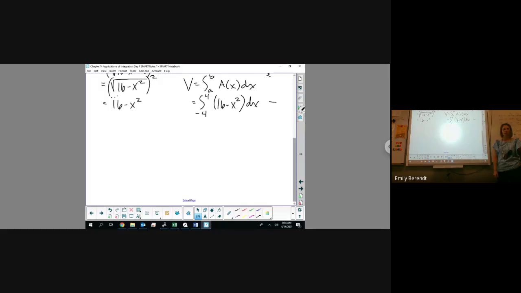So the antiderivative of 16 is 16x, minus the antiderivative of x squared, x to the third over 3, evaluated from -4 to 4.